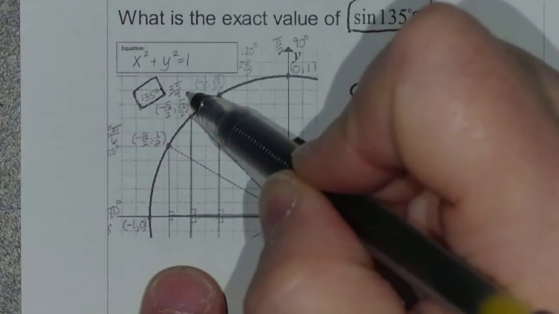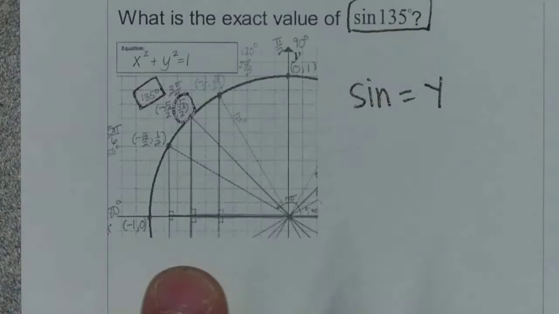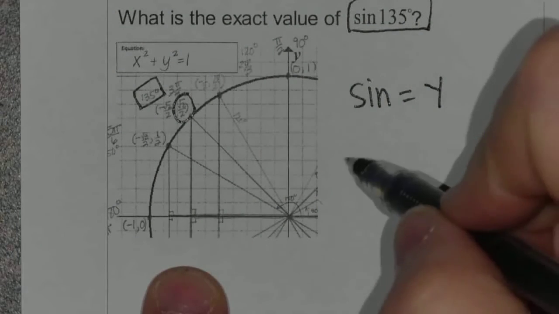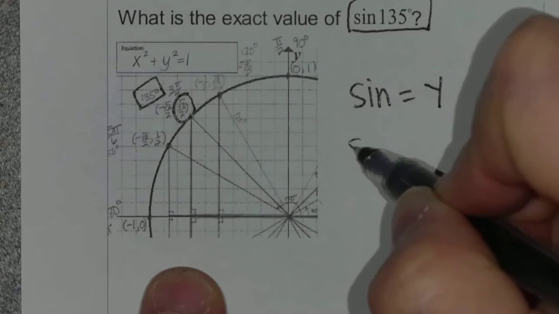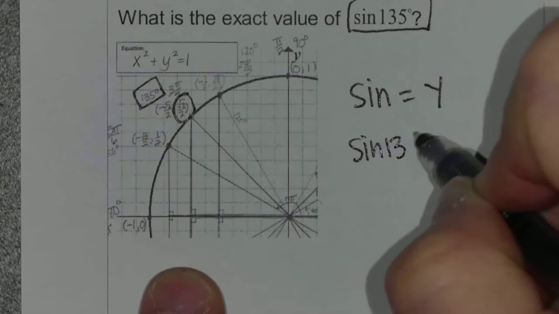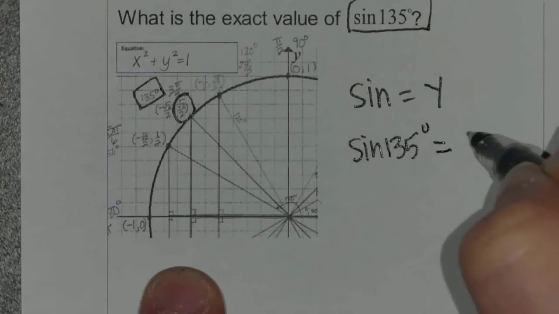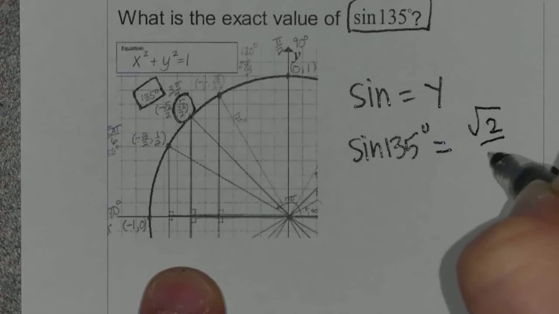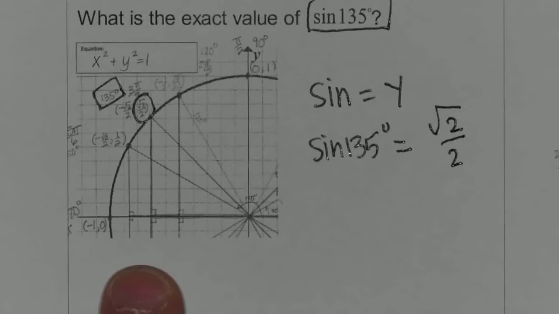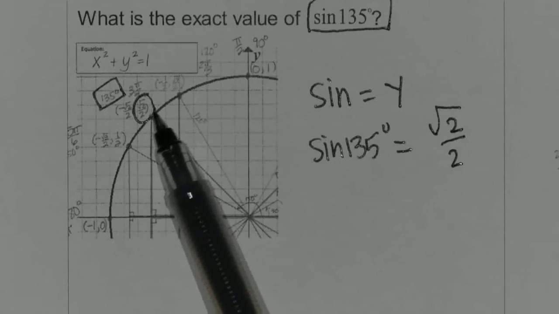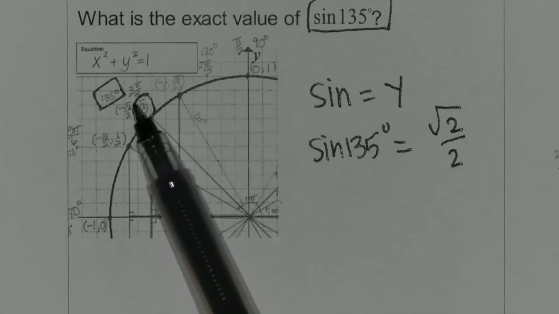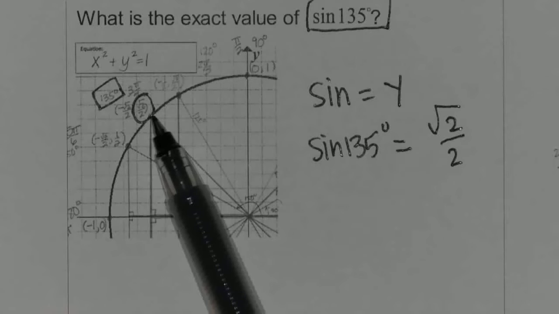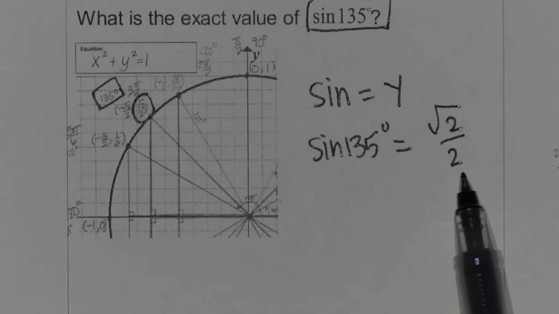So grab the y value in that ordered pair that's formed at that angle. And what is the sine of 135 degrees equal to? It's equal to the square root of 2 over 2. We literally go to the x and y value and just grab the y value off of the unit circle. Hardly any math involved.